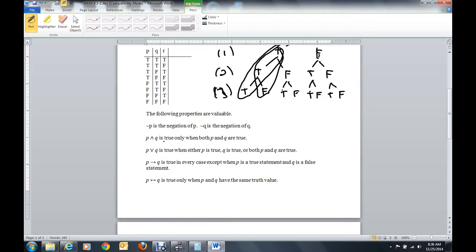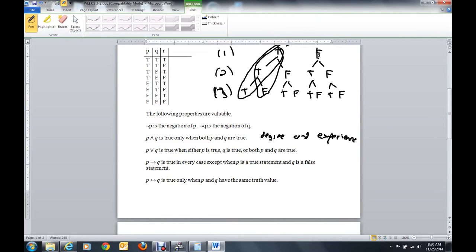What you need to remember about this is it's only true if both P and Q are true. An example I like to use is if you're interviewing for a job or applying for a job, it requires, for example, a degree and experience.